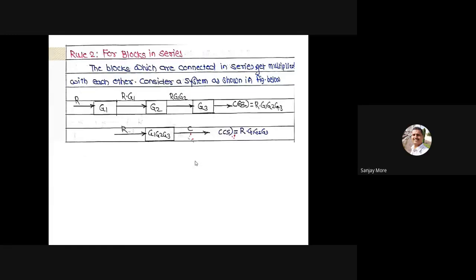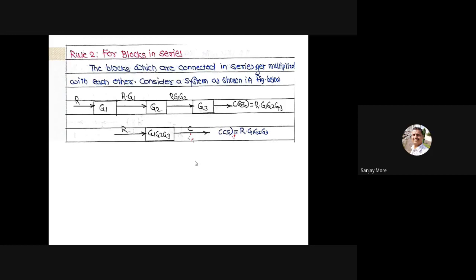Then the second rule, for blocks in series. A number of blocks, for example 4 to 5 blocks, are arranged in series. The blocks connected in series get multiplied with each other. Consider a system as shown in the figure.